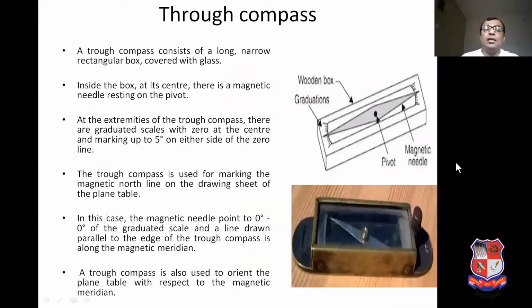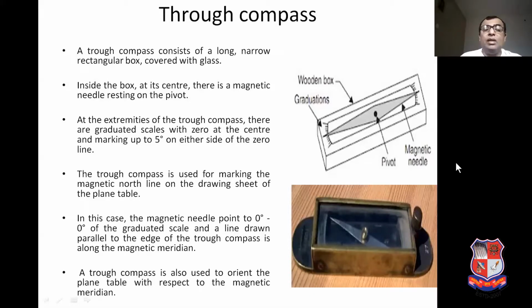Now the trough compass. You can see in the figure, the trough compass consists of a long narrow rectangular box covered with glass. Inside the box at the center there is a magnetic needle resting on a pivot. At the extreme ends of the trough compass there are graduated scales with 0 at the center and markings up to 5 degrees on either side of the 0 line.